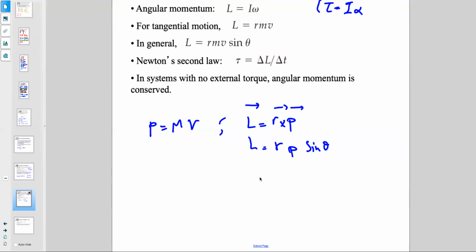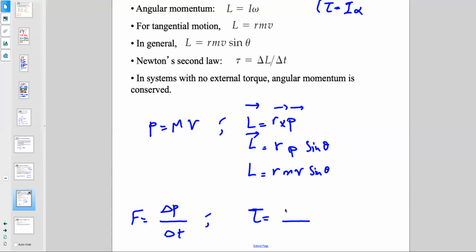So L is R, P is mv, sine theta, which is the angle between them. And then Newton's second law was telling us that F is delta P over delta T for the linear type of motion. And then for rotation, I have delta L over delta T.